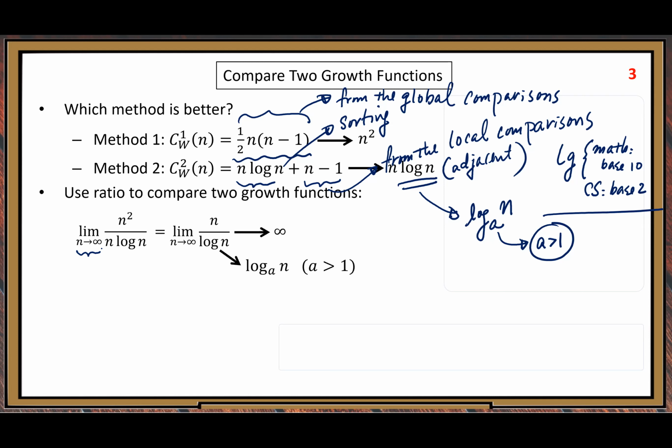Why is that? Why is it infinity? We want to understand why, because for this class it is important to compare n and log n. How much is the difference?